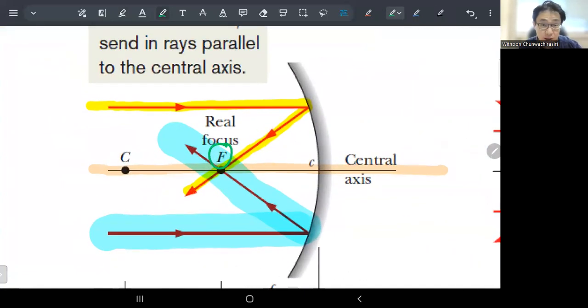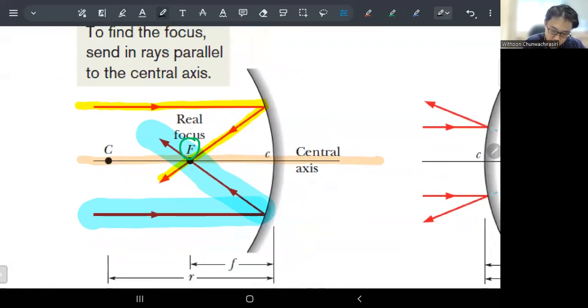That single point we call the focal point. The distance from that point F, the focal point, to the center of the mirror, we call the focal length.